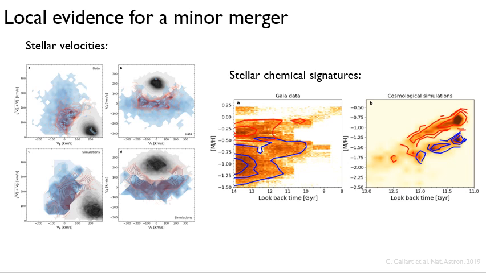So let's look at some evidence that mergers happen, just looking at our own Milky Way. In this case, let's consider minor mergers. What we can do is look at the properties of stars in our galaxy and then infer that some minor mergers have happened in the past. That's one approach. What we're looking at on the left panel here is a plot of velocity components for stars in the Milky Way.